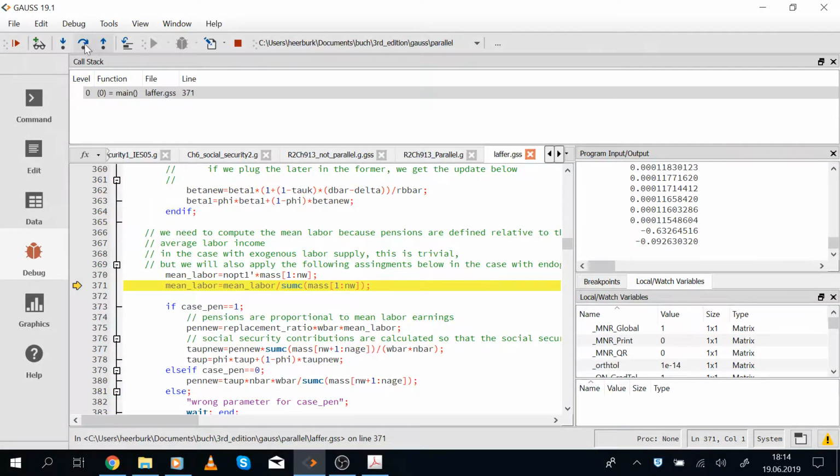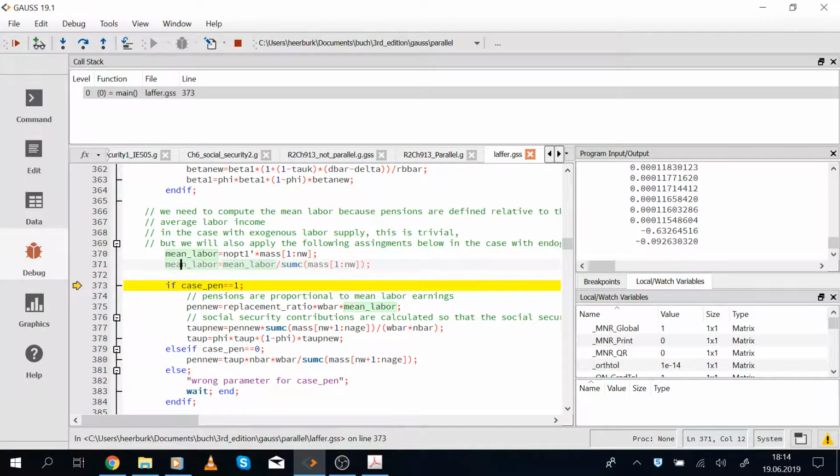Unsurprisingly, the mean labor supply is equal to almost 0.25, and this is different from 0.25 specified above because we also include the efficiency labor, so that the pensions are related to average labor income, which is the product of the wage times the hour worked, which we set to 0.25, times the individual age efficiency.